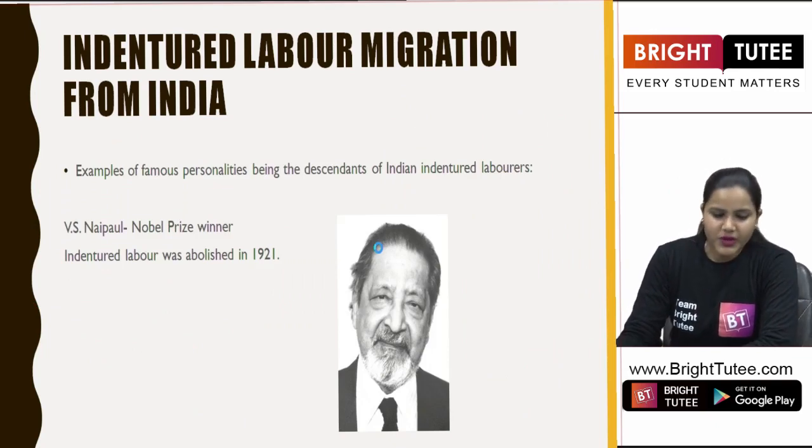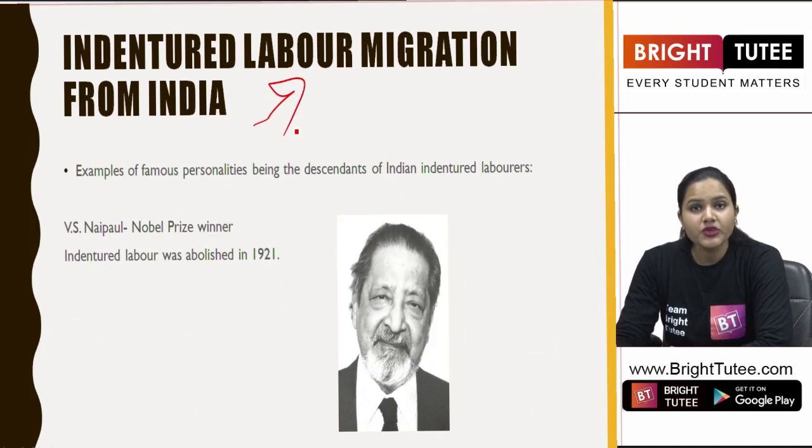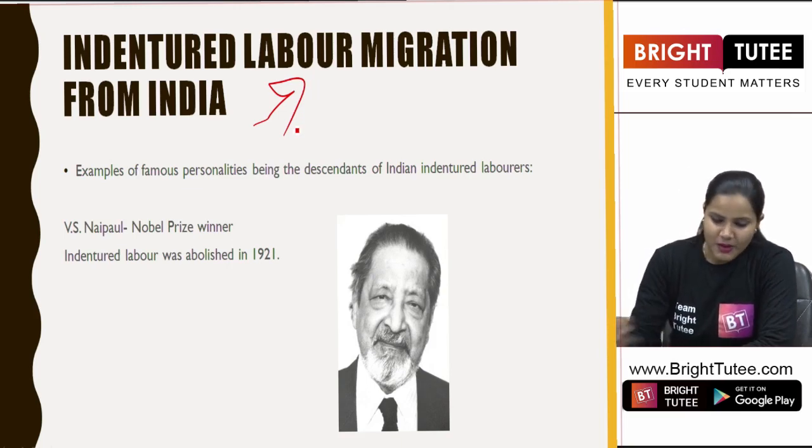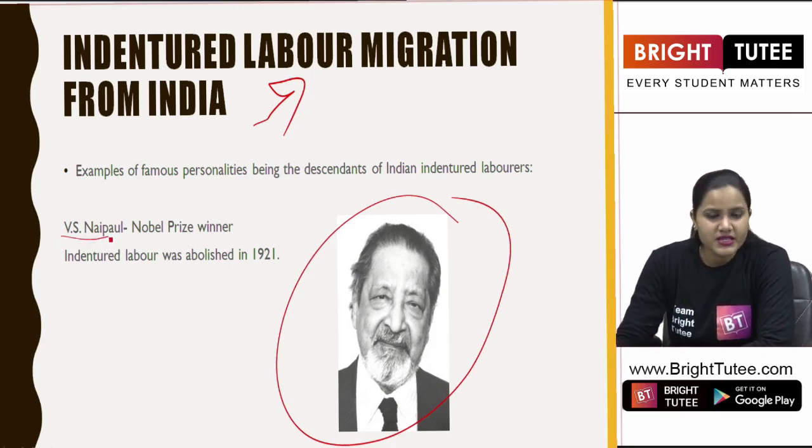Apart from this, when we are talking about the Indian indentured labor, students, there were some famous personalities who were the descendants of these indentured laborers. And one example here is that of V.S. Naipaul. Now, who is V.S. Naipaul?